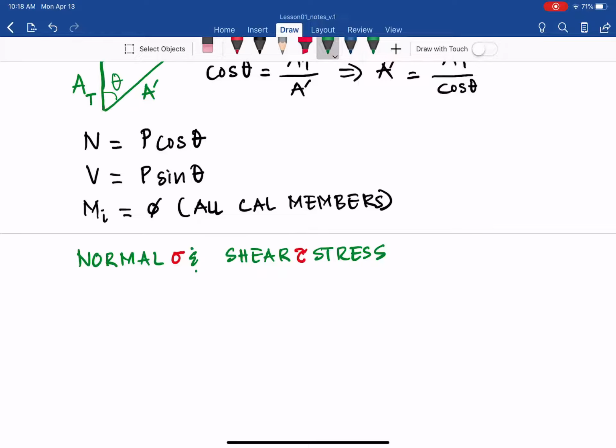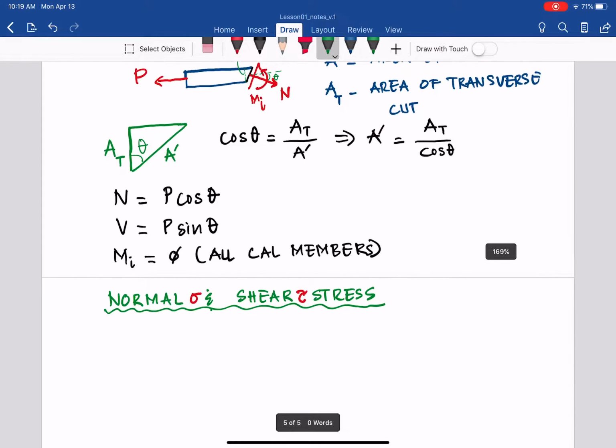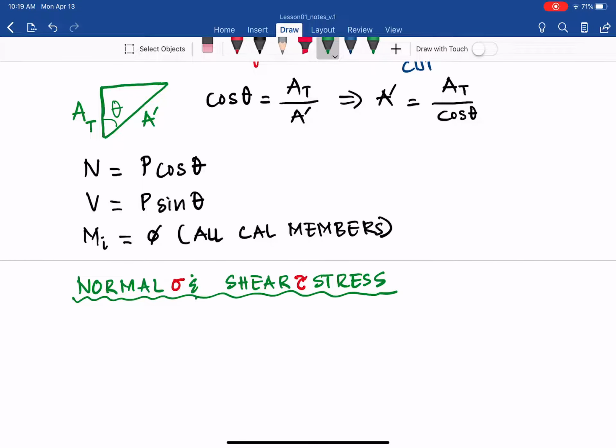So we have two components appearing at the same time for this cut. We already have the equation for the normal stress, sigma: it equals the normal force divided by the area. In this case, the area is A apostrophe for the cut forming an angle theta from the transverse area. And N equals P cosine theta, so we can plug in P cosine theta.